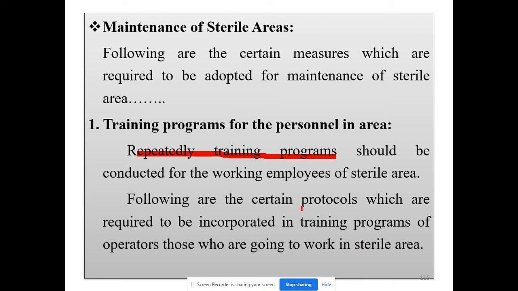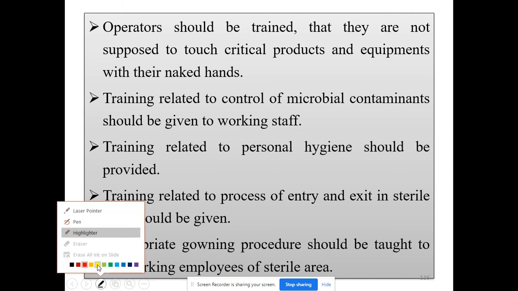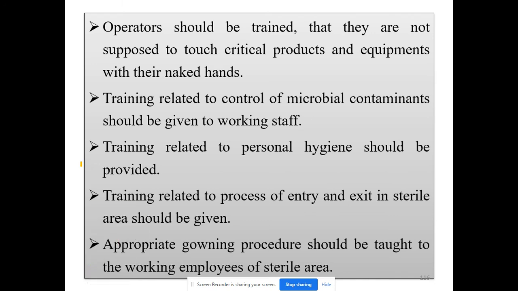We have to follow certain protocols for providing training to the working employees of the sterile area. I have mentioned those protocols here. Now try to understand the different types of protocols.